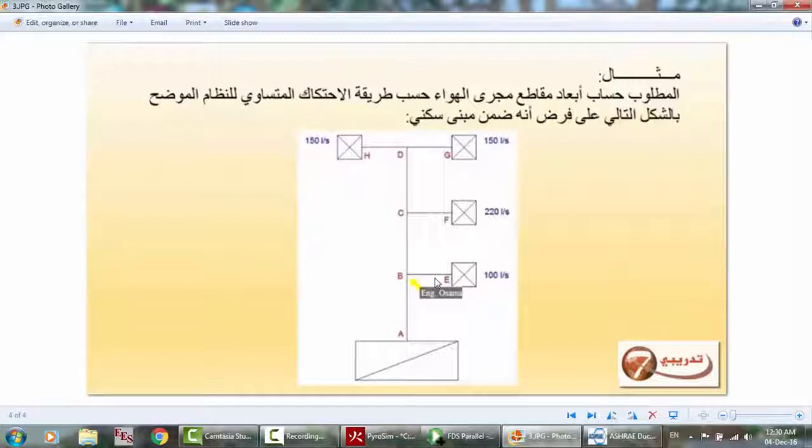So the air will enter this room with 0 pascal, and also the air here will enter the room with 0 pascal, as we calculated, or as we predicted. The other 20 liter per second will not enter this room. It will continue flowing in this duct until it reaches this room.